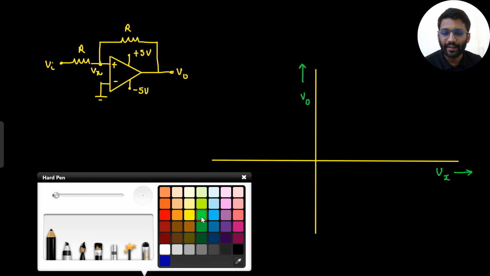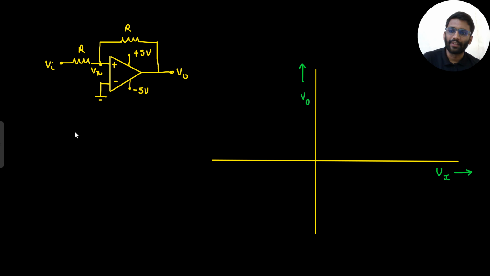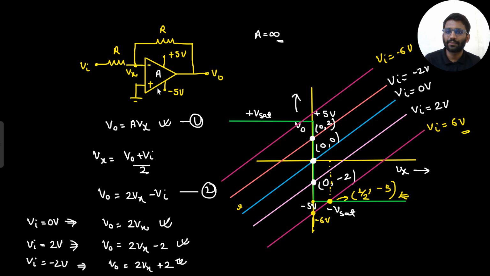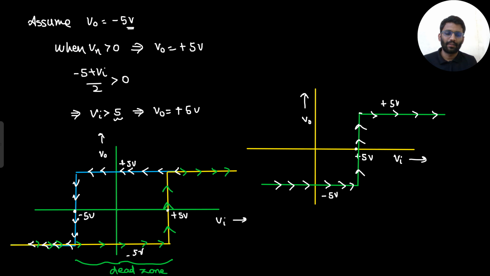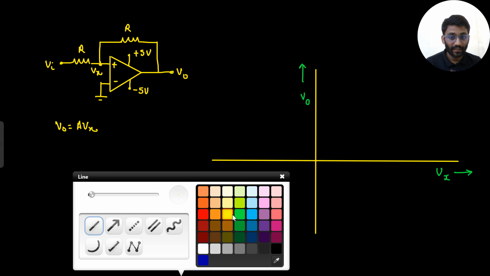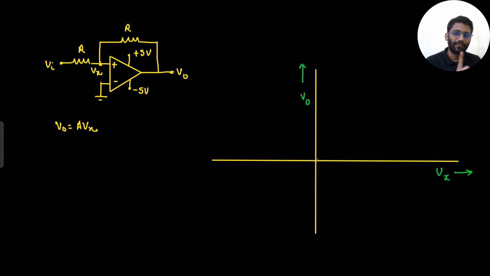So here we can again write the equation V naught equals A Vx. Previously I wrote V naught equals A Vx, but it should be minus A Vx. I'm sorry for that. V naught equals minus A Vx, because the negative sign will be there, no? So how will the graph look?